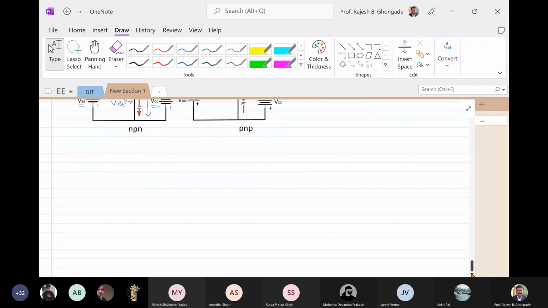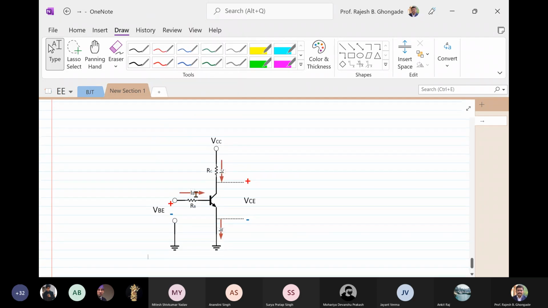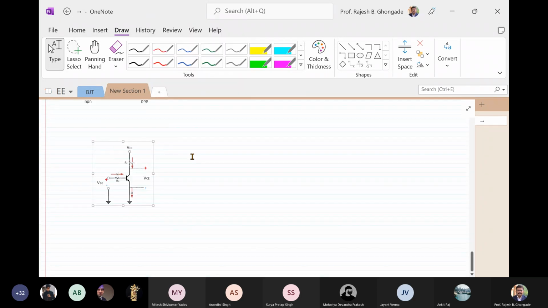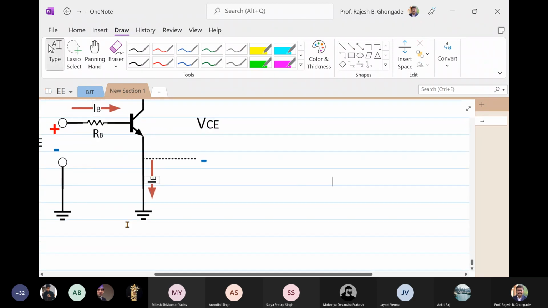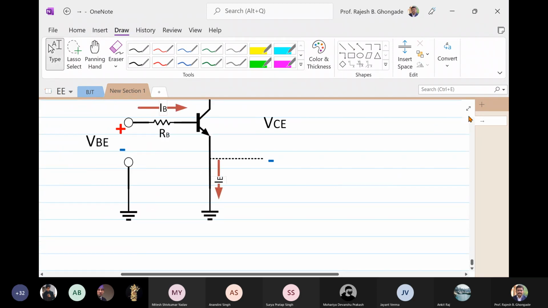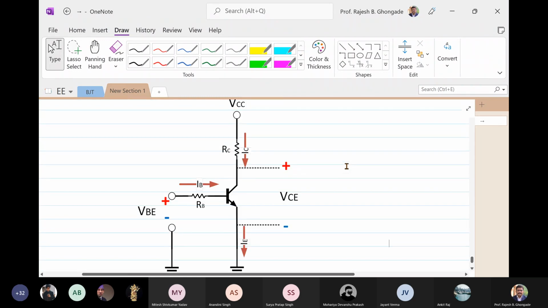If I want to see what exactly is happening, I'll use this circuit for NPN device. Is it visible? Yes, sir. So I am applying VBE as the input.